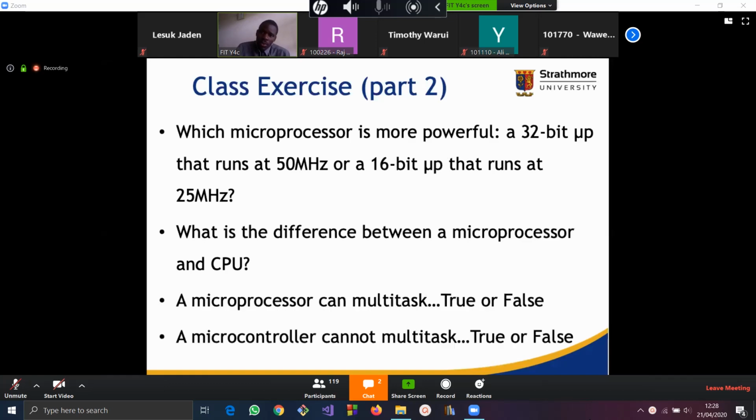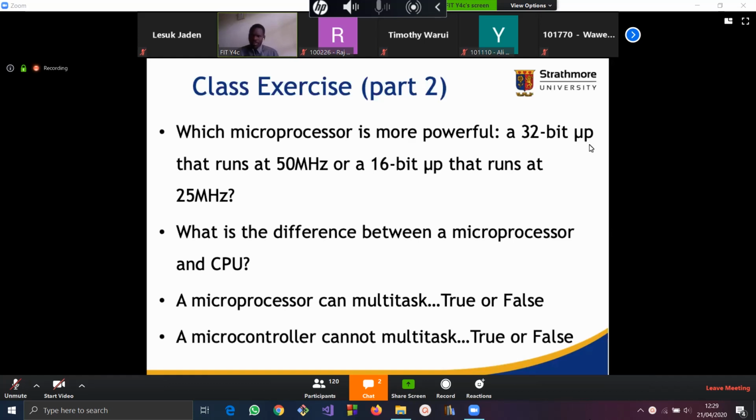Which microprocessor is more powerful? A 32-bit microprocessor that runs at 50 megahertz or a 16-bit microprocessor that runs at 25 megahertz? Anyone with an idea?